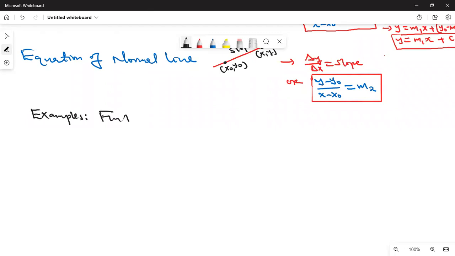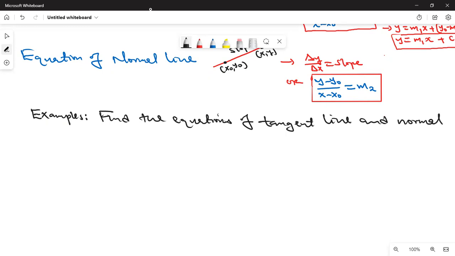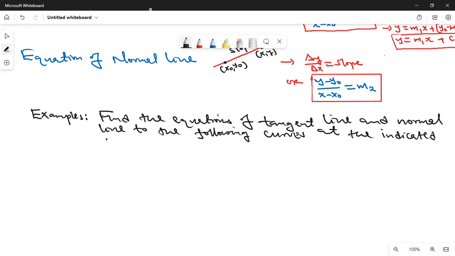Find the equations of tangent line and normal line to the following curves at the indicated points on the curve.